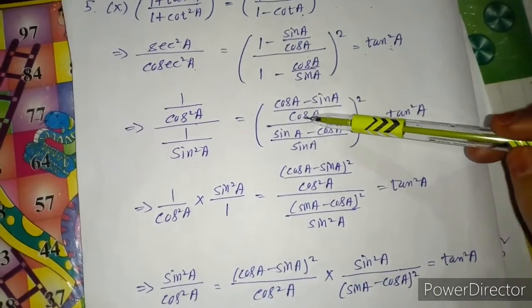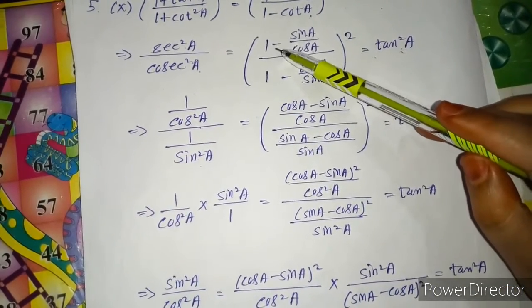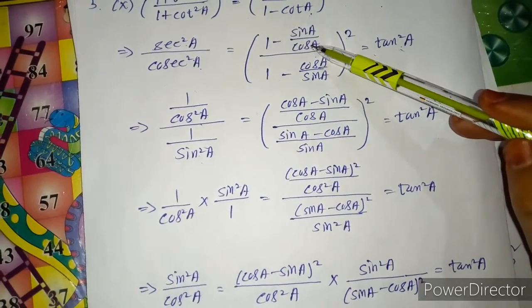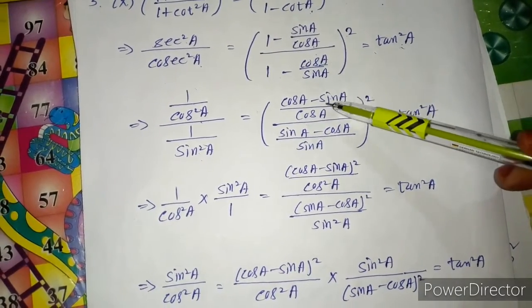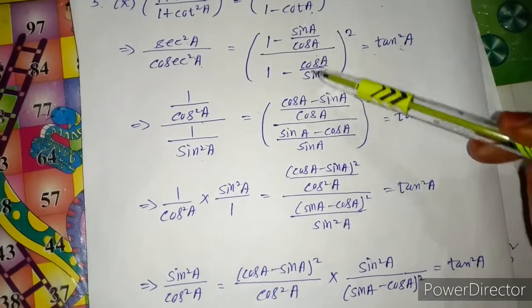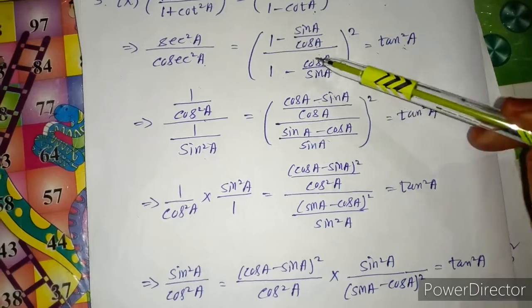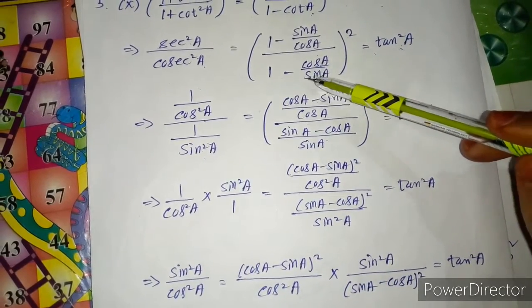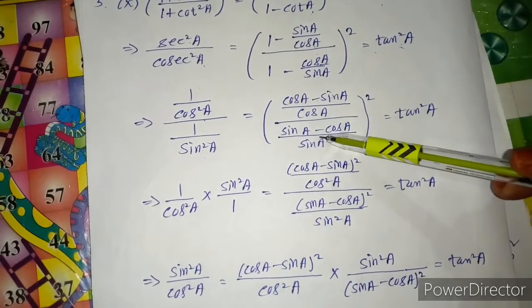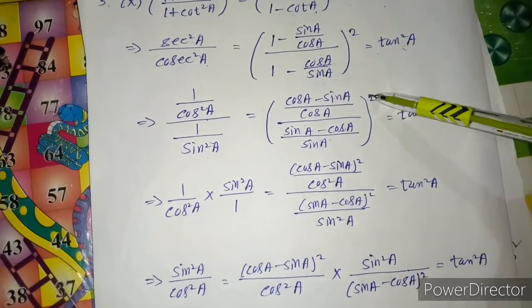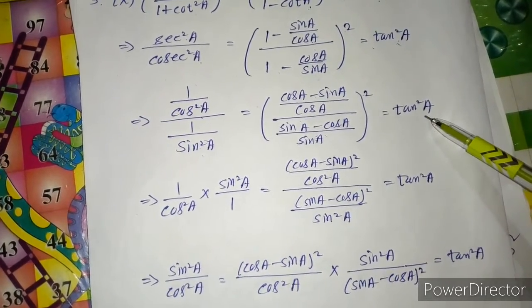After this step, from 1 minus sin A by cos A, I take the LCM. The denominator is cos A, so 1 into cos A minus sin A, divided by, there also I take the LCM, the denominator is sin A, so 1 into sin A minus cos A whole square, is equal to tan²A.